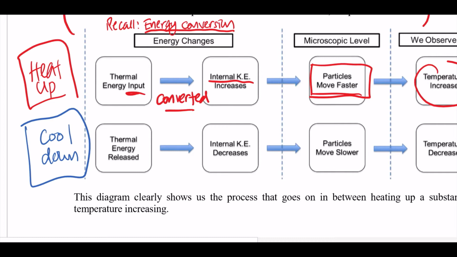Thermal energy is being lost from the substance to the surrounding or to the freezer or whatever. So this loss in thermal energy is due to the loss in internal kinetic energy of the particles. So in a way, you can say that the internal KE of the particles gets converted into thermal energy, and that thermal energy is lost to the surrounding when it comes to the cooling process.